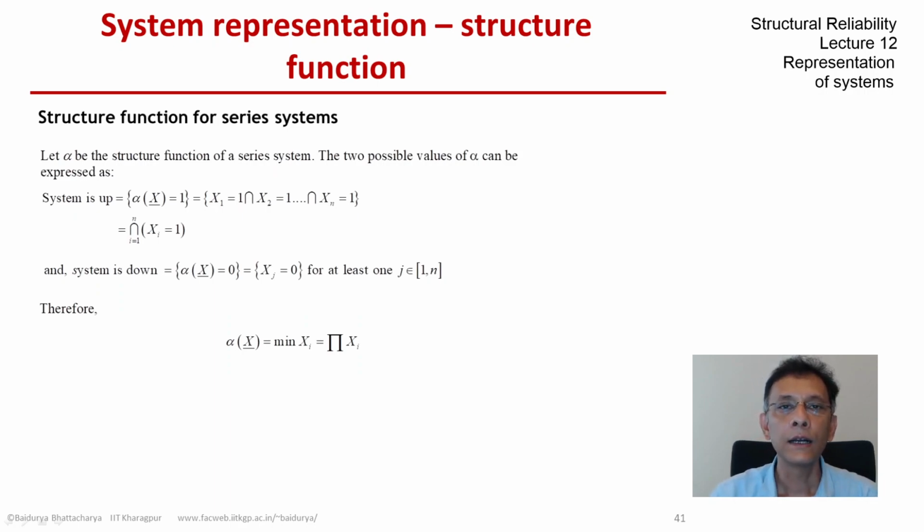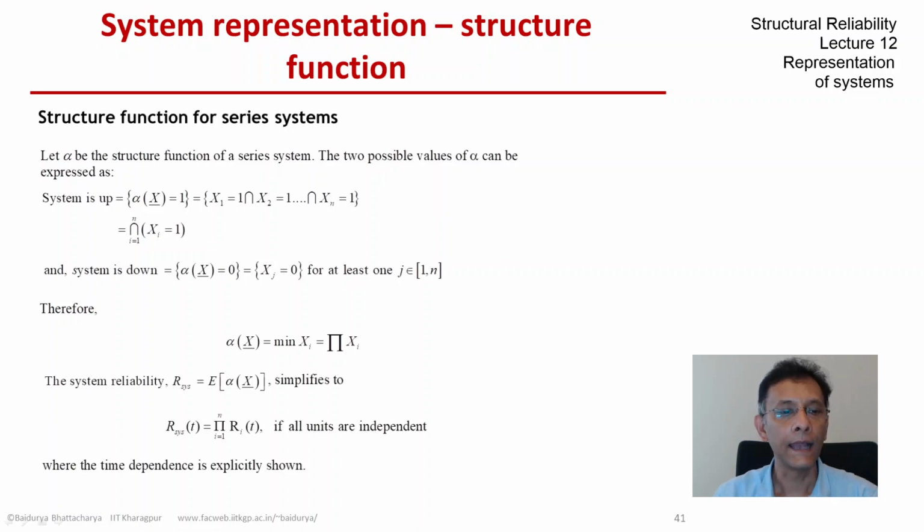So we can express alpha in terms of x's in two equivalent ways: it's the minimum of all the x's, or it's the product of all the x's. The expected value of alpha would be the expected value of the product of the x's, and if the x's are mutually independent, then the reliability of the system, as we have discussed, equals the product of the element reliabilities.